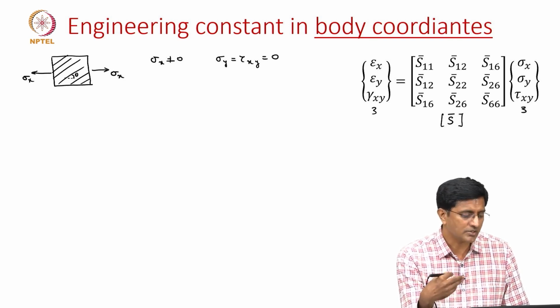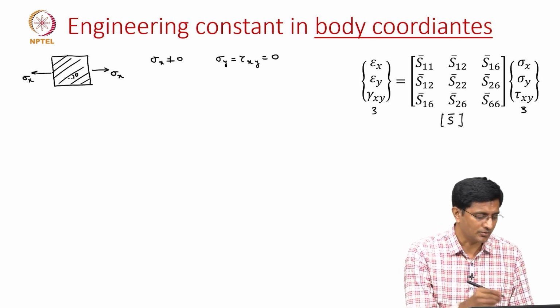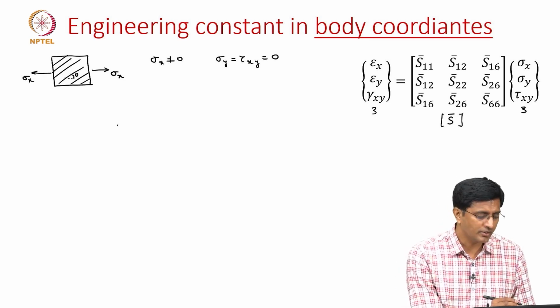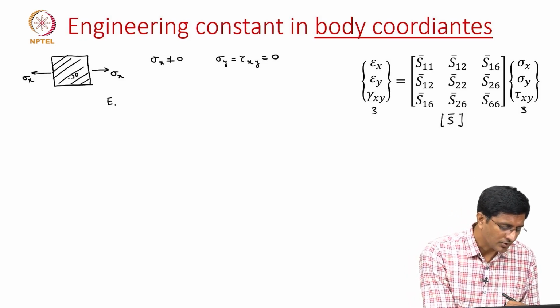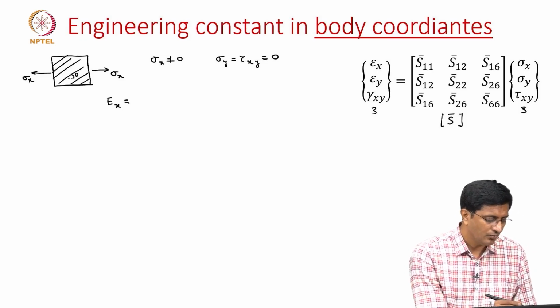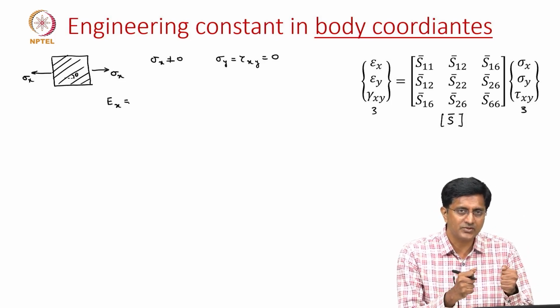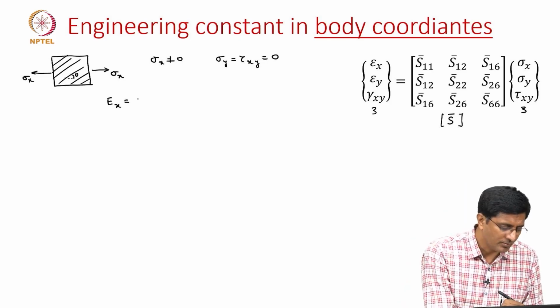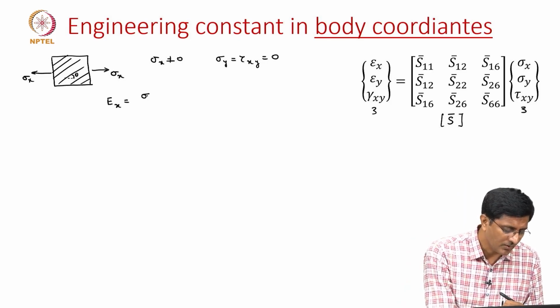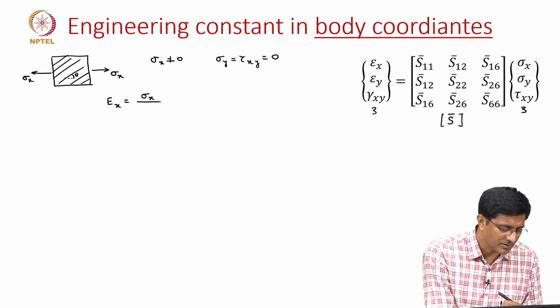But now let us try to introduce some engineering constants. So, for this loading condition, first let us start with the first engineering constant Ex, where we define Ex as the stiffness along the x direction, which is given by stress by strain. What is the stress we have applied? The applied stress is sigma x and the strain in that direction is epsilon x.